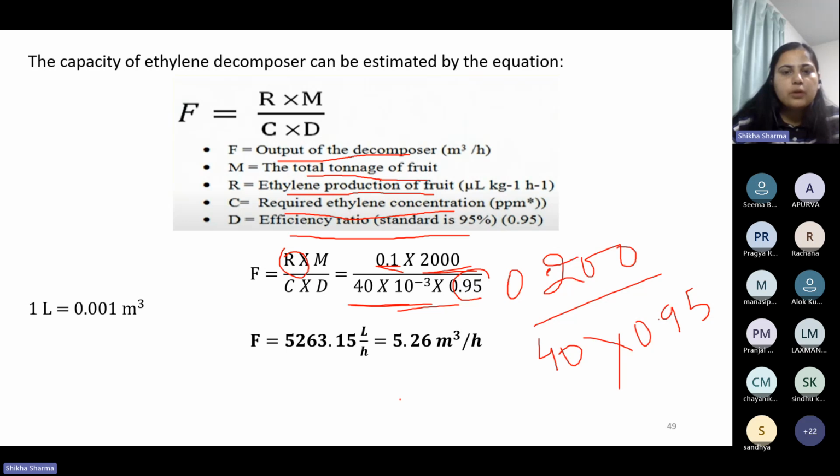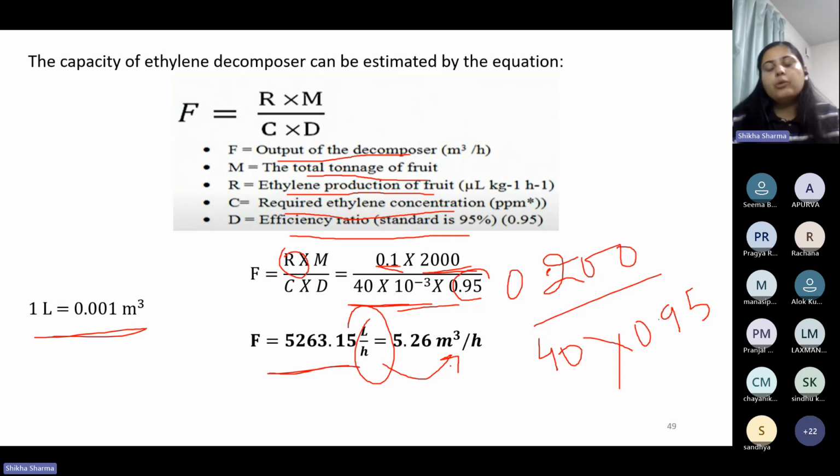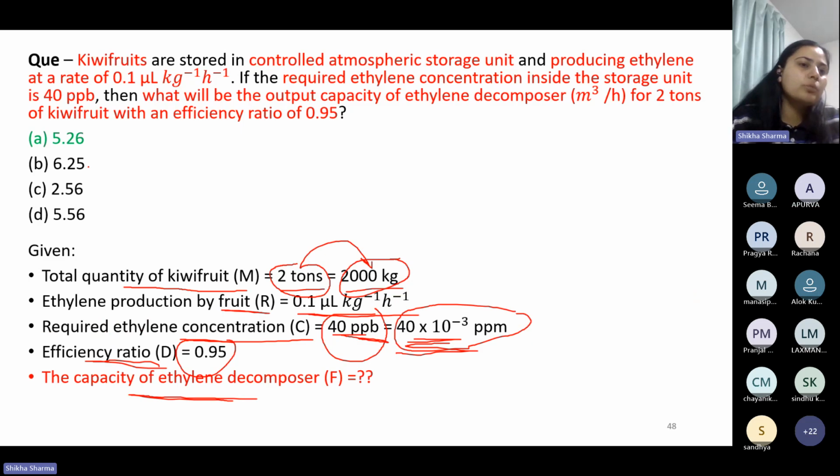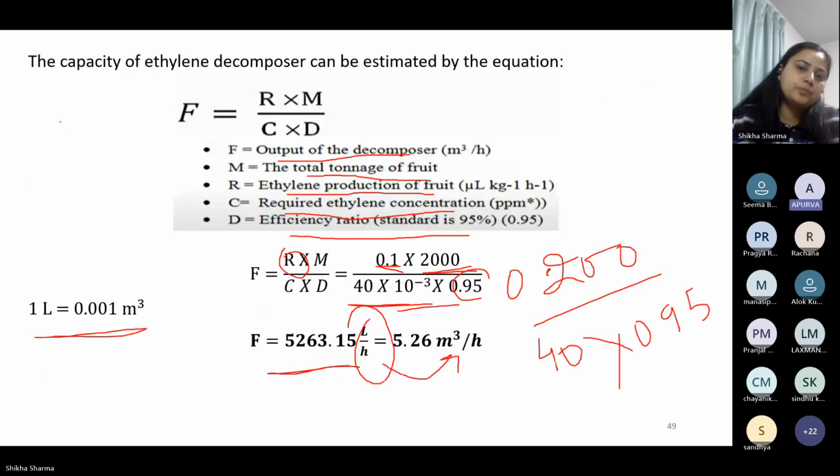When we solve, we get 5263.15 liter per hour. When we want to convert it into meter cube per hour, 1 liter equals 10 to the power minus 3 meter cube. So 5.26 meter cube per hour is the answer, which is option A, as correctly mentioned by her.